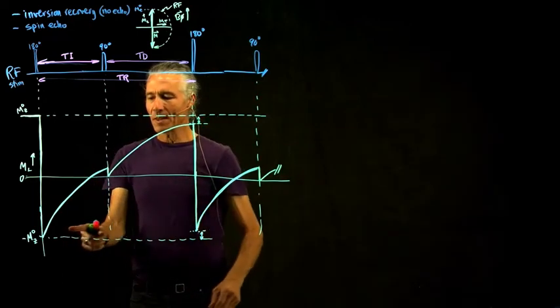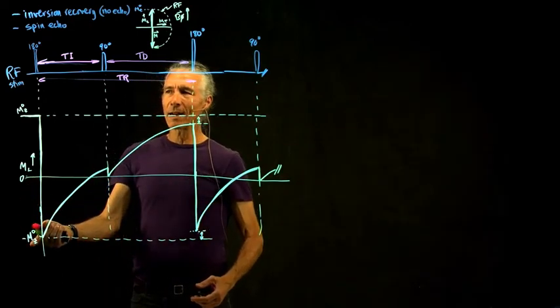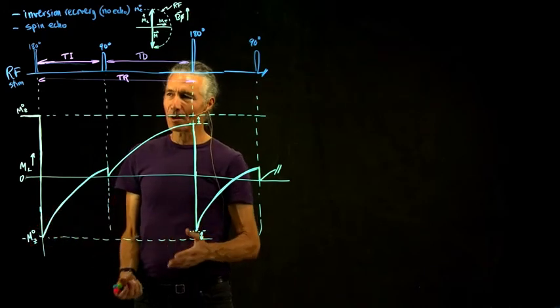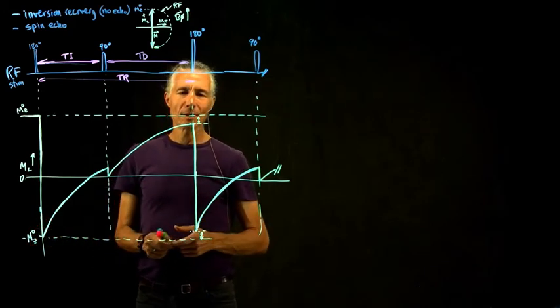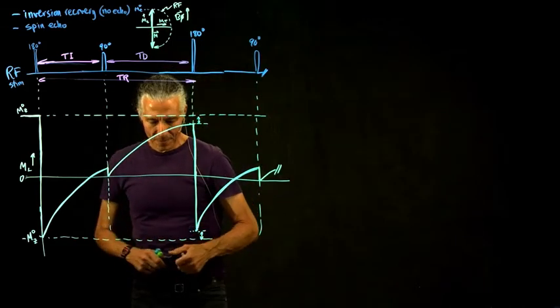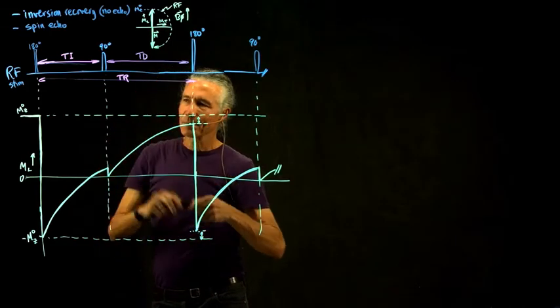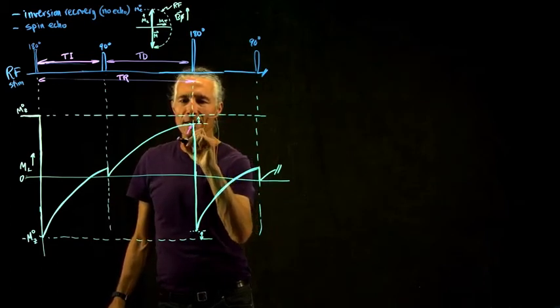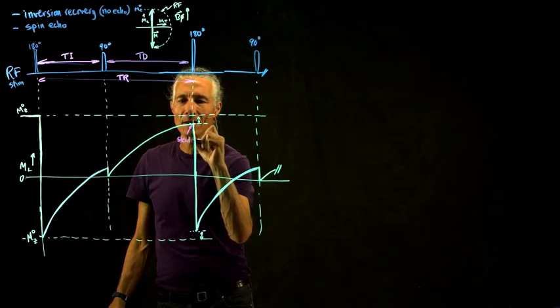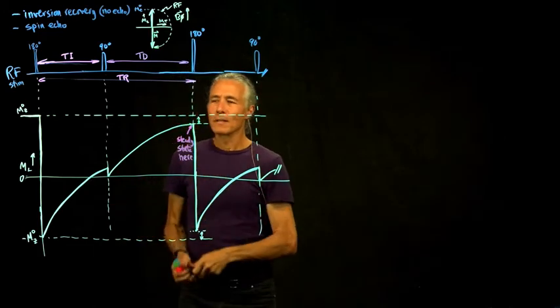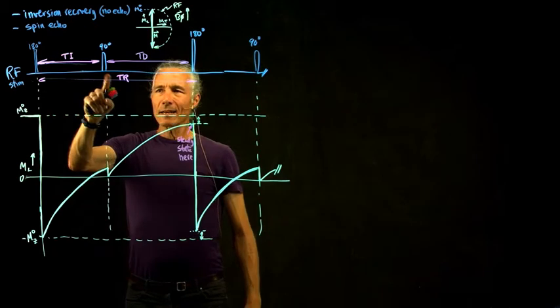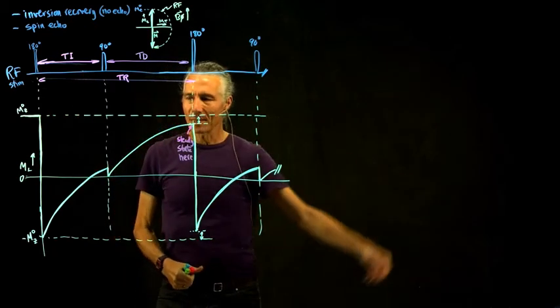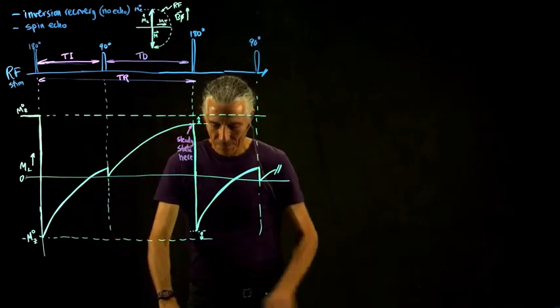If we assume we have a perfect 90 and perfect 180, like we said can never occur, but let's just assume that, then we reach the steady state here, just before we do that. So we just have to do one 180 and a 90 until we get into the steady state, and the signal will be the same each time.